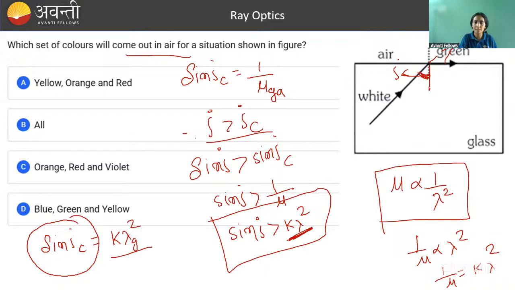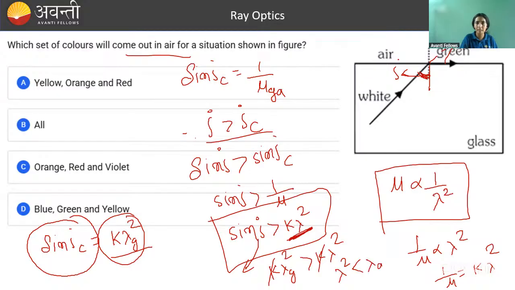This I is fixed, right? This I is IC for green light, and sine I can be written as k lambda G square. So total internal reflection will happen for wavelengths less than green light.